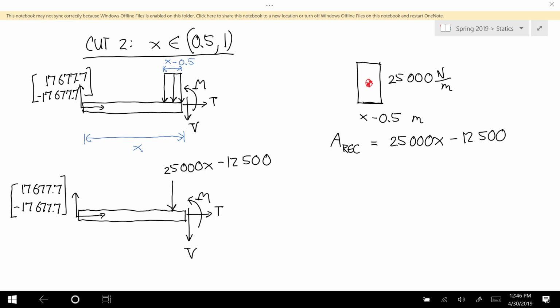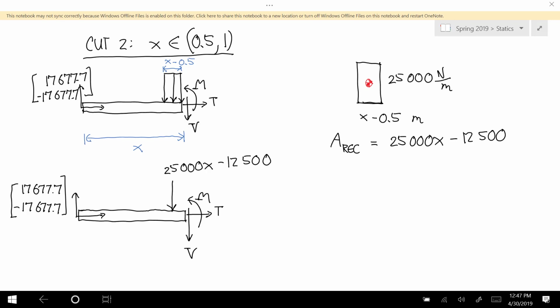So the distance from the left end to the left part of that distributed load is 0.5. The distance from the left end to the right end of that distributed load is x. So the centroid right in the middle is just the average of 0.5 and x. You can think of that as the quantity x plus 0.5 divided by 2.